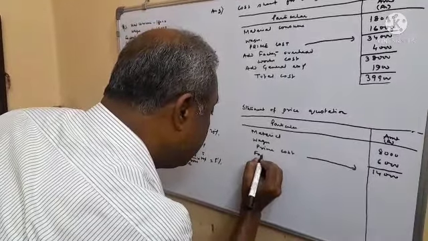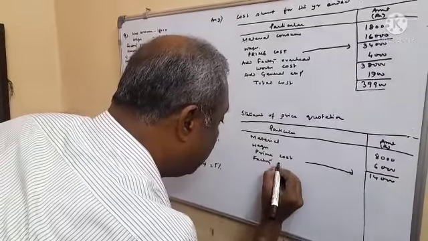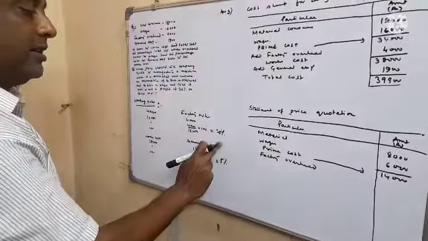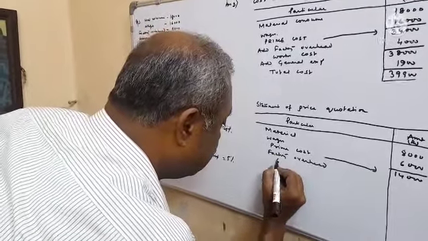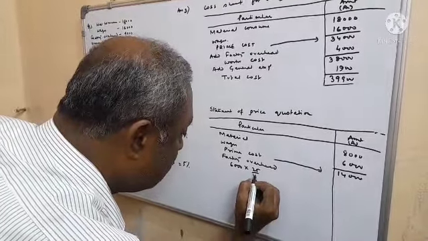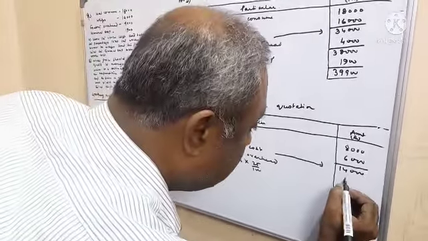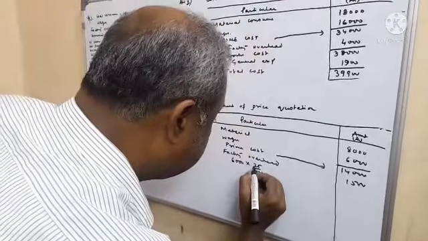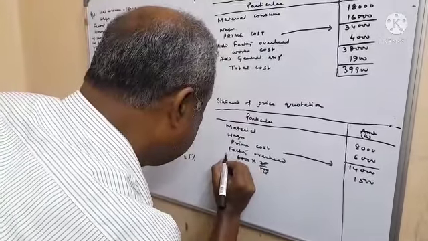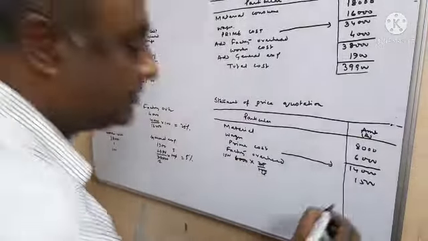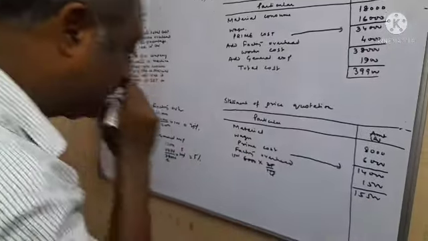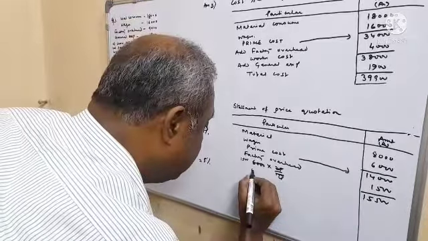Factory overhead 25% on wages, 1,500. Result coming 15,500. That is work cost.